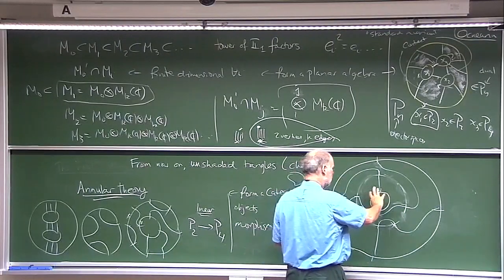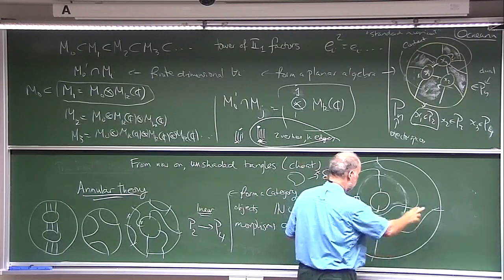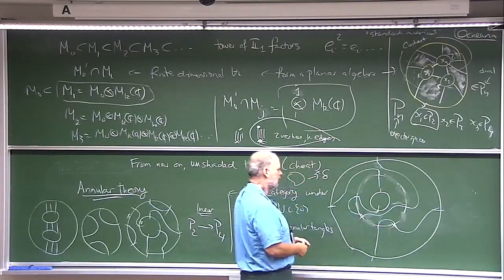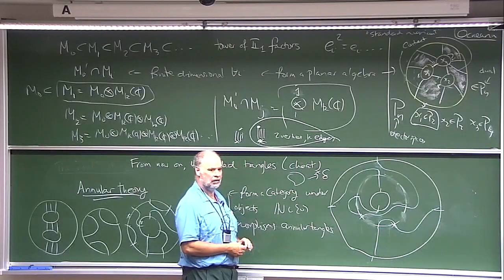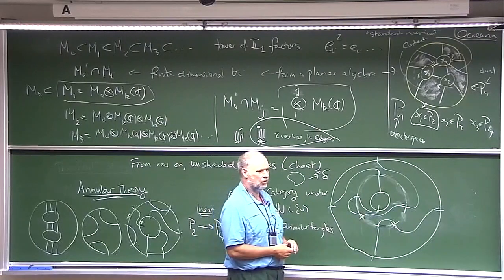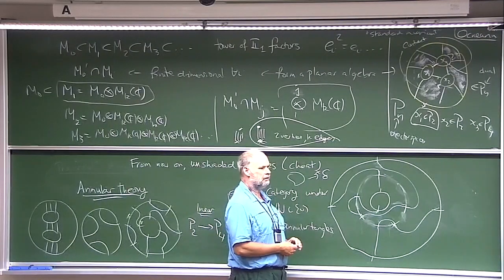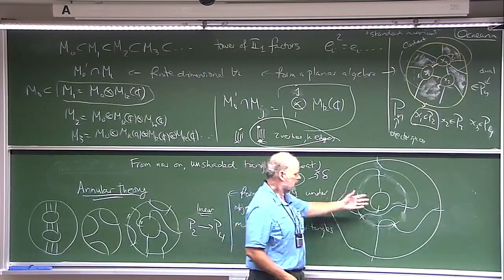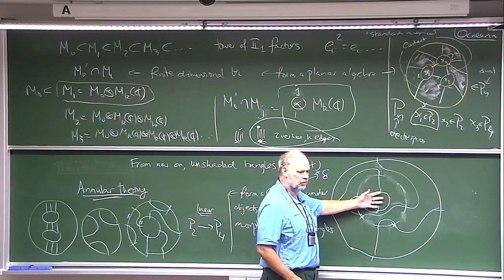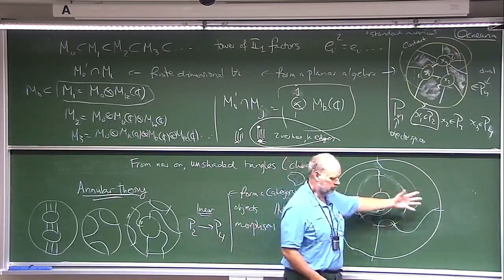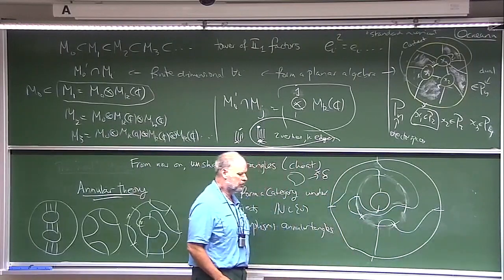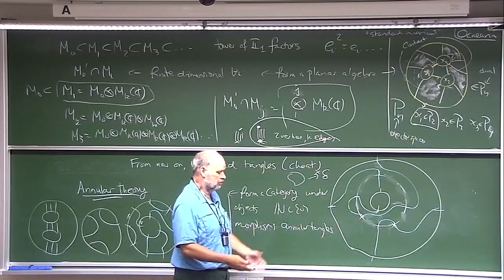We can move them around. We have to consider them up to isotopy, and so on. But we could also make them quite rigid. We could choose once and for all a collection of n points on the circle for each n, and insist that our tangles actually join those points to those points, and we don't move them around at all.